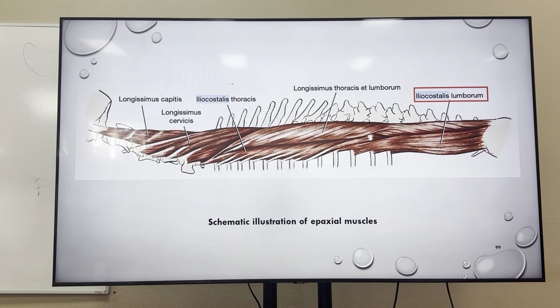It has an intermediate muscle, which we are going to look at later, that is the longissimus. So it has a similar origin with the longissimus. This is the longissimus, and this is the iliocostalis here. This muscle goes cranially to insert on the transverse processes of all the lumbar vertebrae.